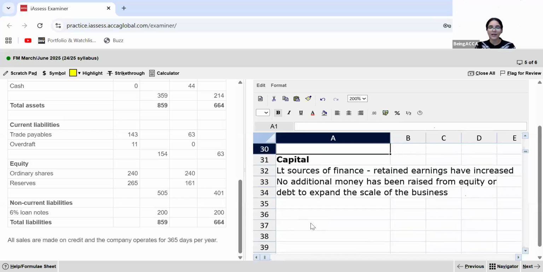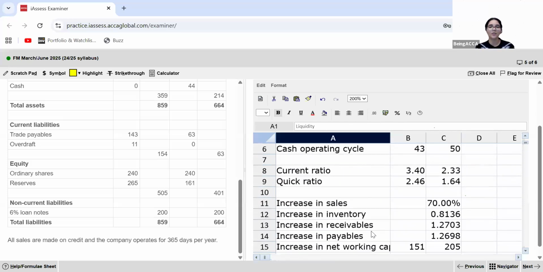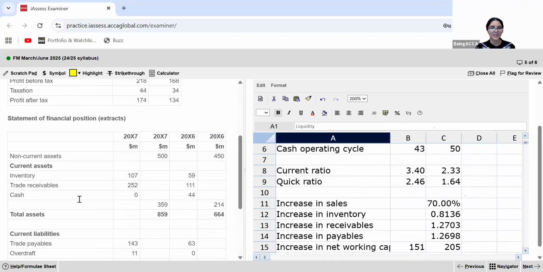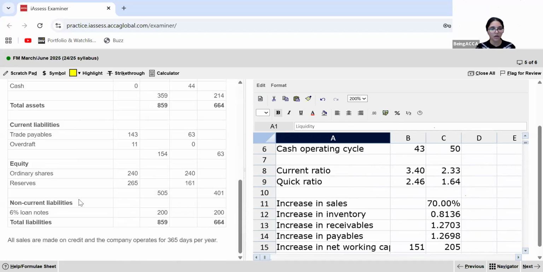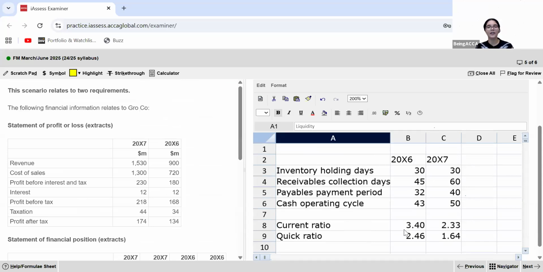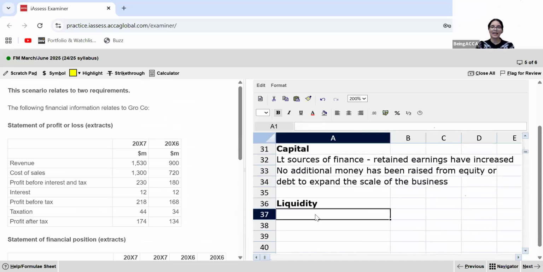Now, another subheading we can put here is liquidity. We can comment about the liquidity of the business because we've calculated the current and the quick ratio. We can see that both of these numbers have actually declined. Does it give us any further information to draw a comparison? Not really. We just have to compare with the previous year, how earlier our current ratio as well as quick ratio was a higher number, but both ratios are now declining.